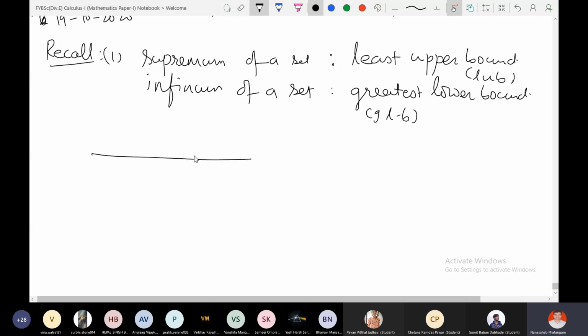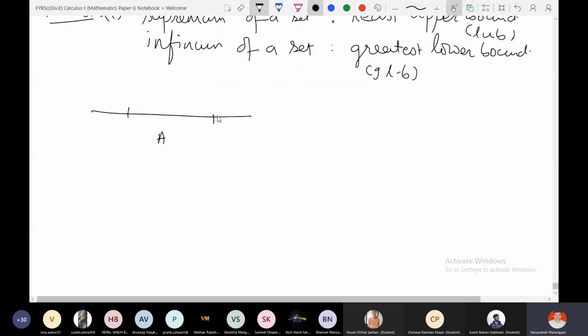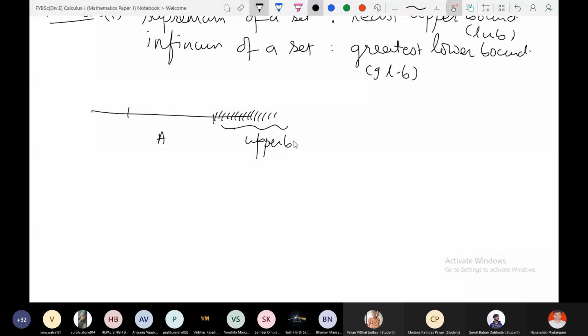So if this is my set A, and basically we are talking about A being a non-empty set, right? And why non-empty, that also we discussed last time. So if A is a set, then all these are upper bounds of set A, right?